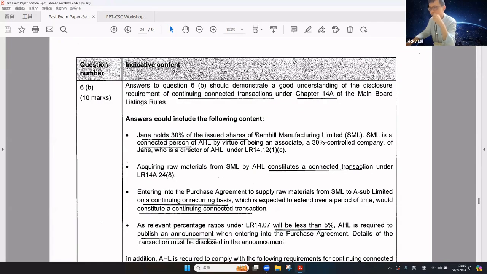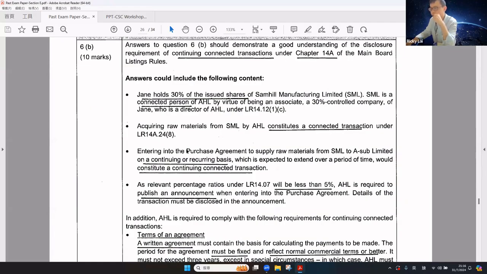Since the director holds 30% in the supplier, the supplier is a connected person of the listed company, because it is an associate, a 30% controlled company of the director of the listed company. Acquiring the raw material from the supplier constitutes a CT.